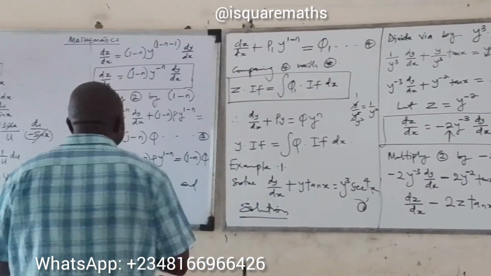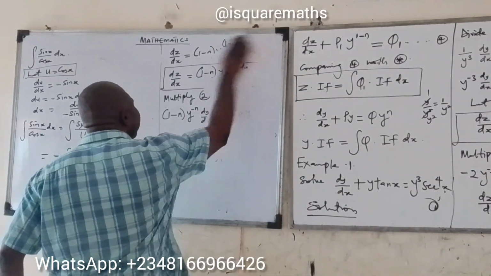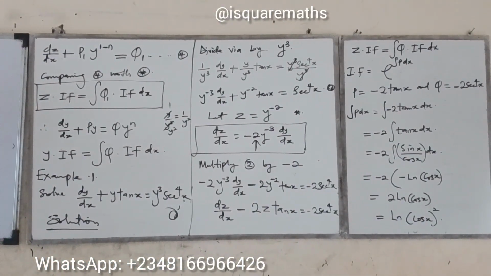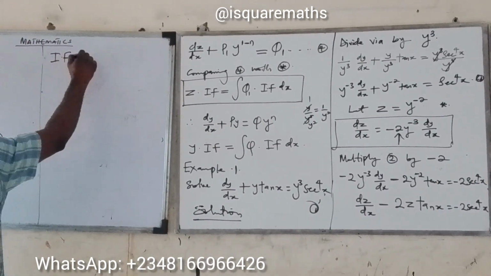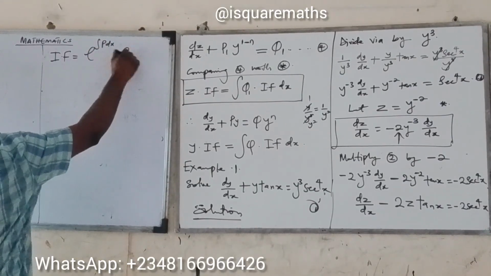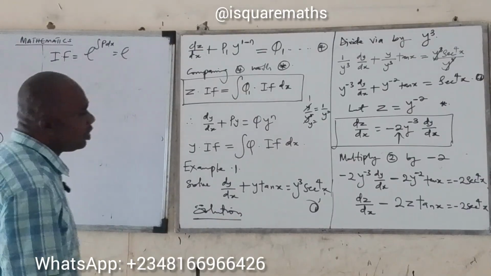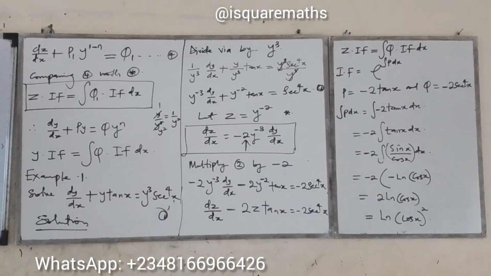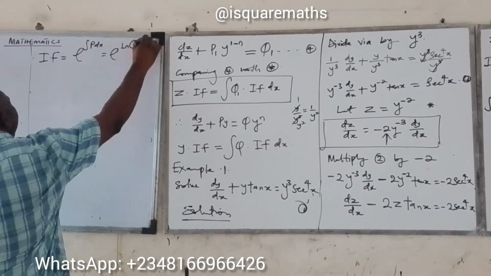So now the integrating factor will be equal to e to the power of integral p dx. Already we have the value of integral p dx, which actually gave us ln cos x all squared.